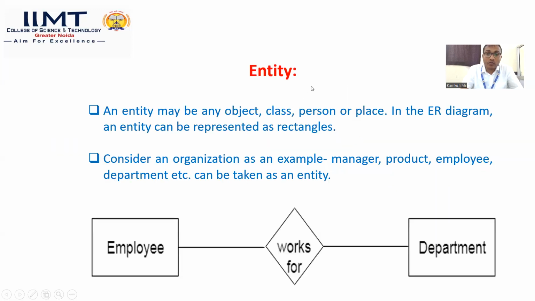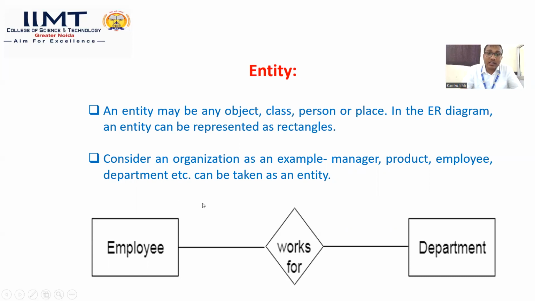First of all, what is an entity? An entity may be an object, class, person, or place. In the ER diagram, an entity is represented as a rectangle. Any entity is a real-world object which has some properties, some attributes.